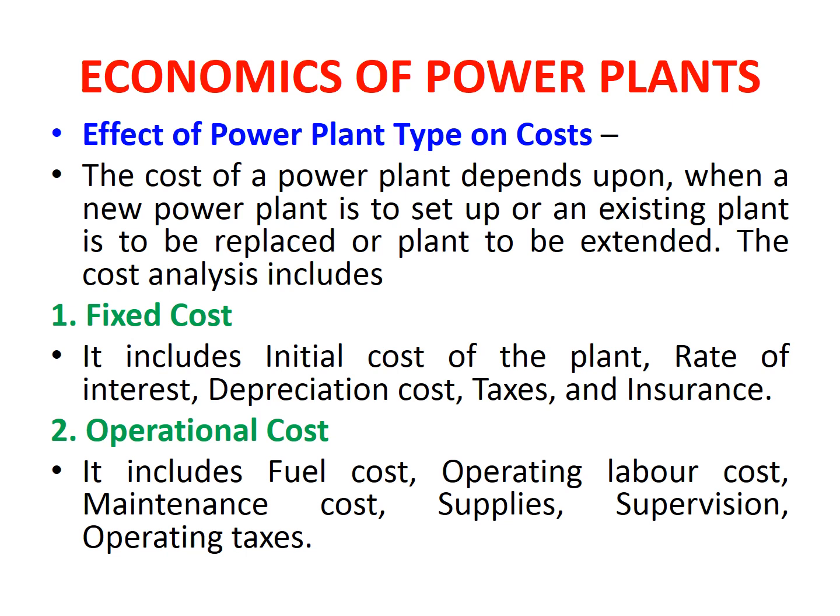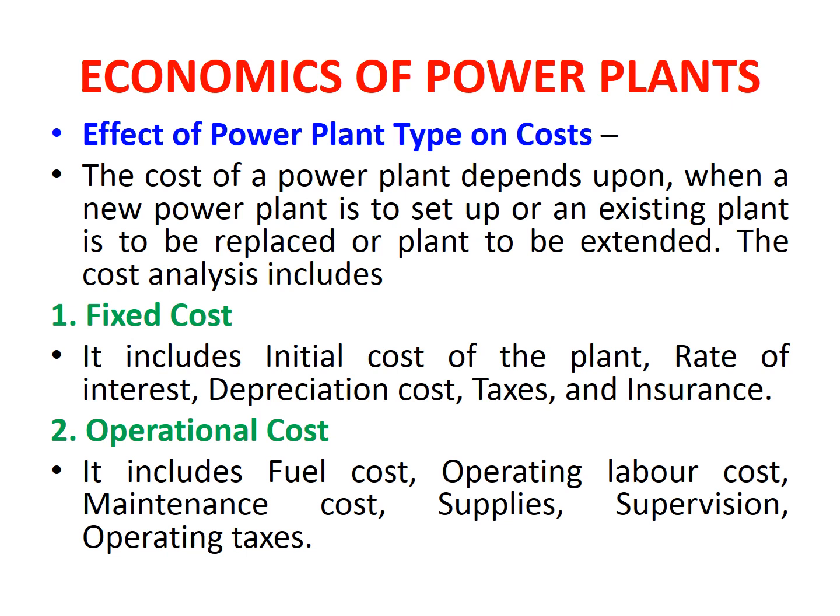Plant to be extended means, suppose a power plant was giving us an output power of around 10 megawatt, and we have to increase the power output of that particular plant from 10 to 50 megawatt, so that is known as a plant to be extended. This cost analysis includes two types of costs, that is fixed cost and operational cost.